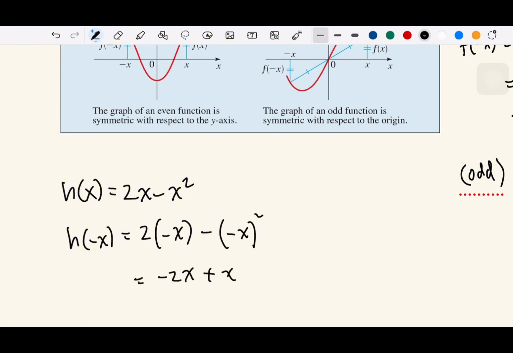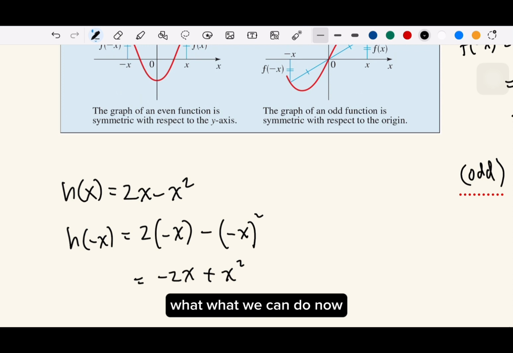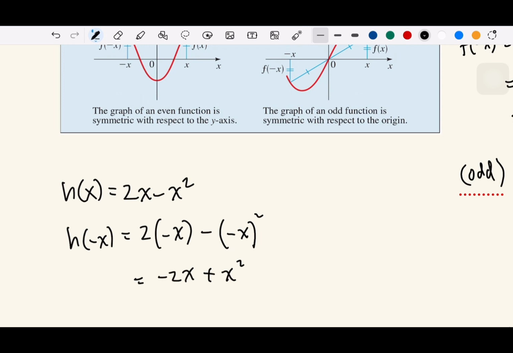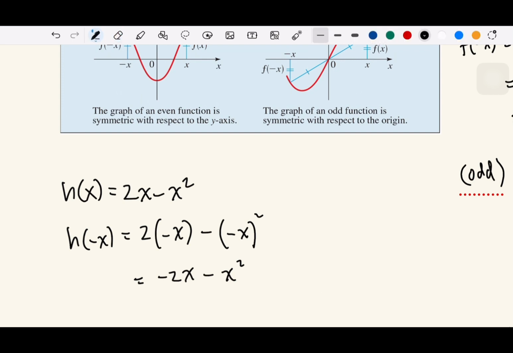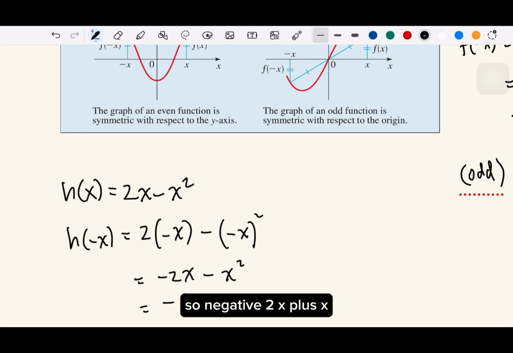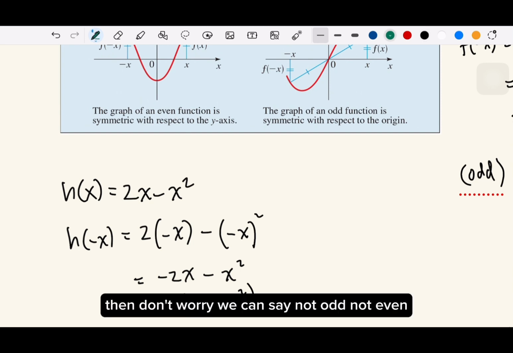Now, what can we do? Oh, I'm wrong, it's negative, right? Well, we can take the negative. So negative 2x plus x squared. If this happens, then don't worry. We can say it's not odd, not even.